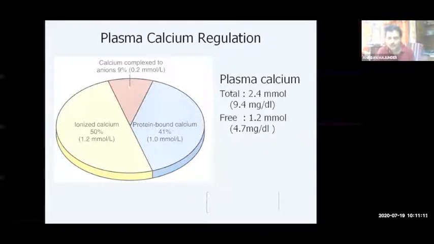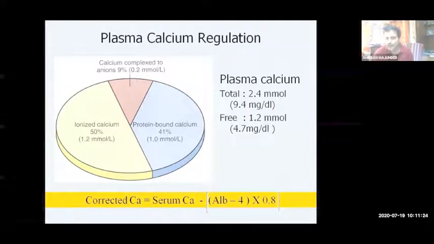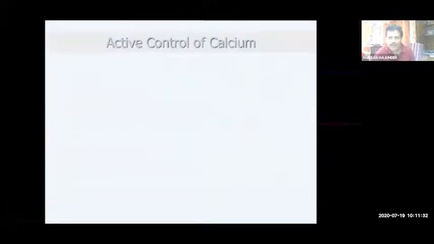So whenever you are looking at the calcium value, please remember that you have to get some idea about the serum albumin value as well, and you can use the corrected calcium formula, which takes the serum albumin value into consideration. So this is the first point we have to remember.